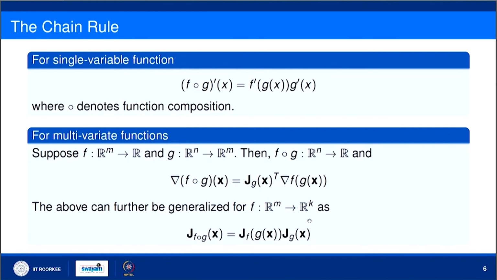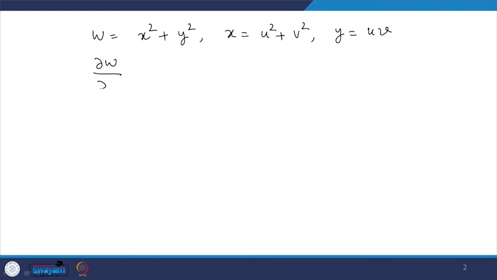Let us discuss one example for the chain rule. Suppose you have w equal to x square plus y square, where x is u square plus v square and y is equal to u v. So, w is a function of x and y, which are again functions of u and v, and suppose you want to compute del w upon del u.